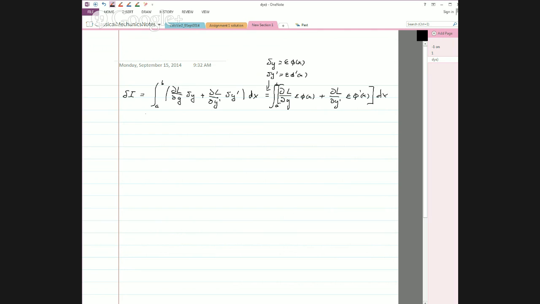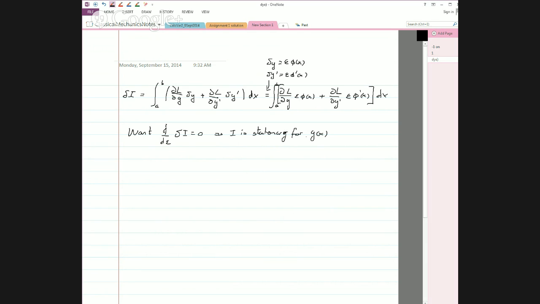So what we want is that d by d epsilon of delta I equals 0. That means that I is stationary for y of x.